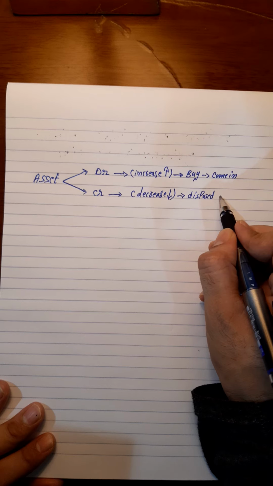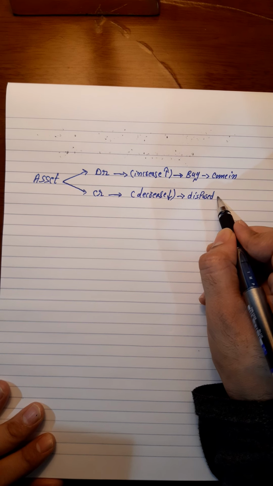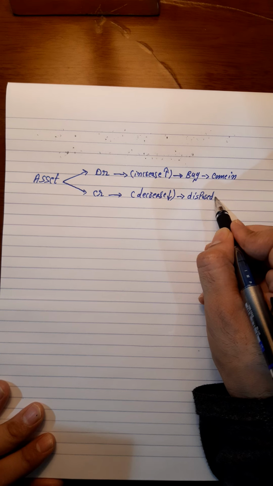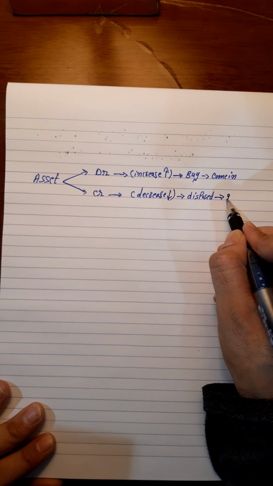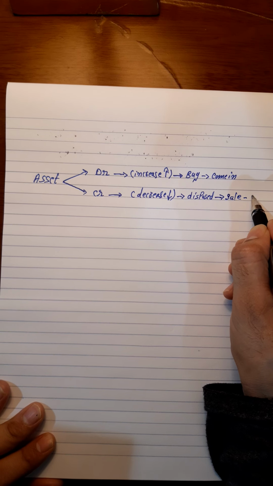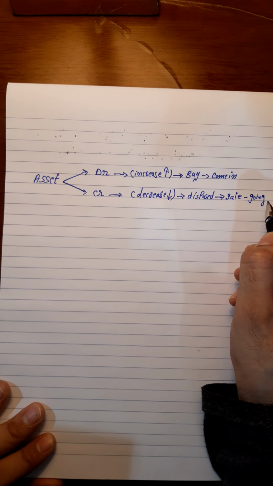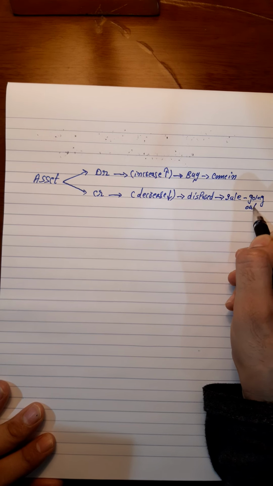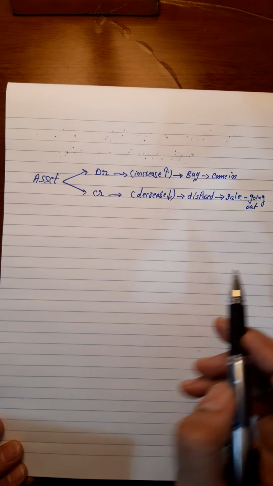So we will do disposal entries, so it is disposed. So asset will decrease. When asset is sold, asset will decrease. Asset going out from the company, from the factory, it will decrease.